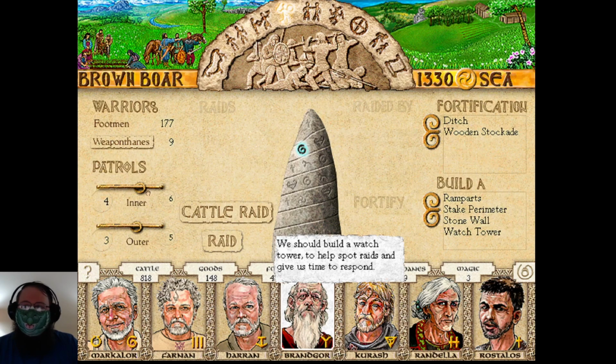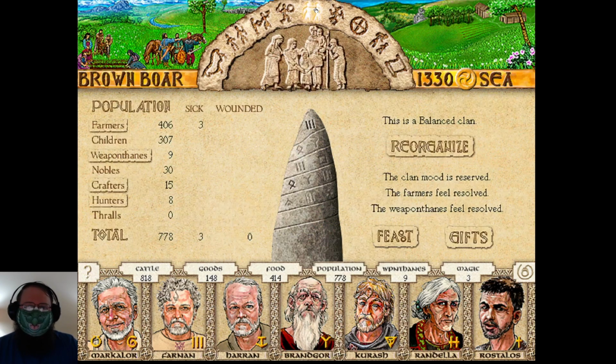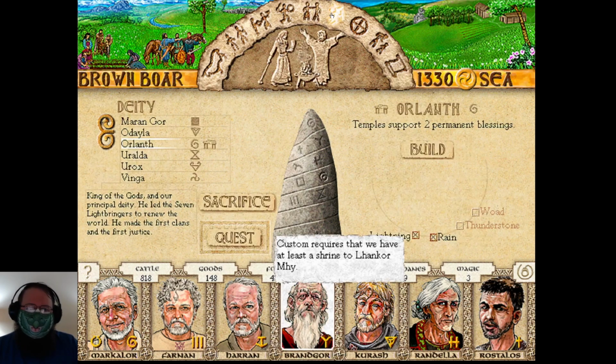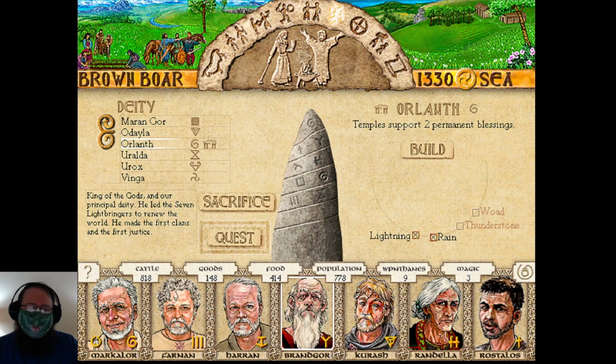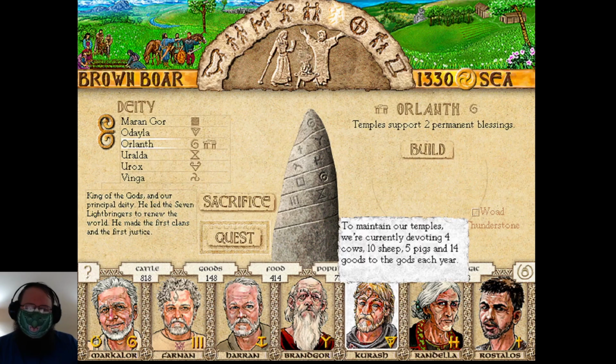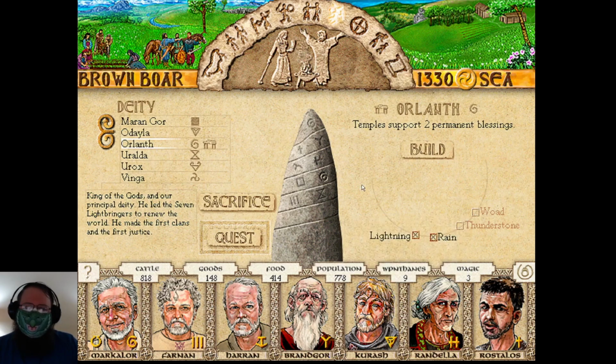Apparently there is an optimal for this. I don't know what it is. No one's given any suggestions. Customs require that we have at least a shrine to Lungdor Mai. We are getting lightning and rain, helps raise our crops, deals out more wounds in battle.